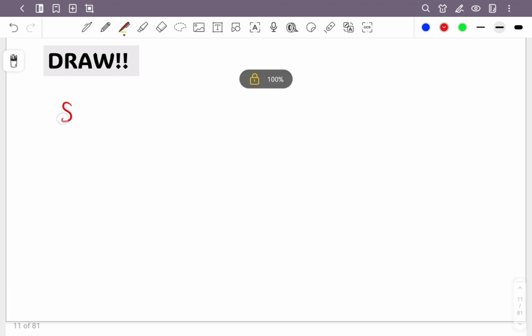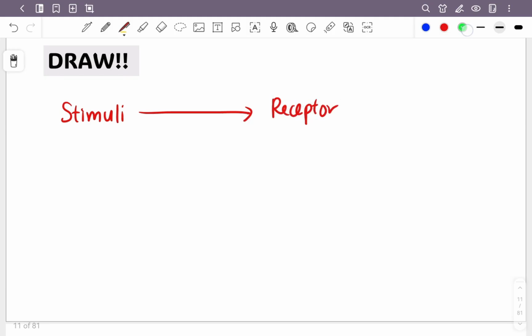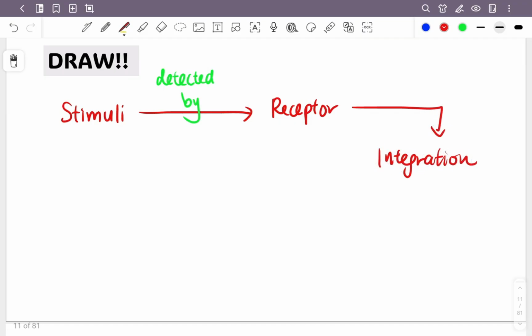So now, once again, you start with stimulus or stimuli. Then it's going to be detected by the receptor, correct? Receptor is the specialised sensory cells, maybe your eyes, maybe your tongue, and so on. So this receptor is going to send the nerve impulses to the integration center, which usually we refer to as your brain.